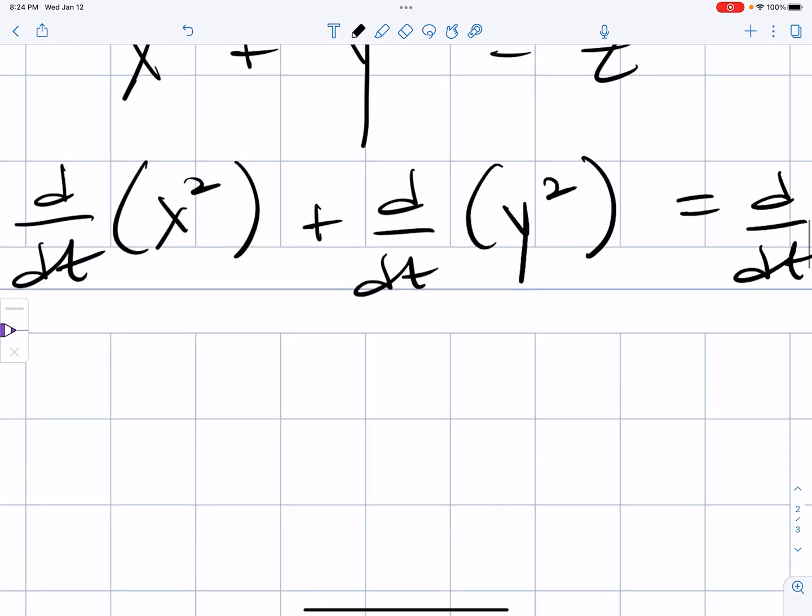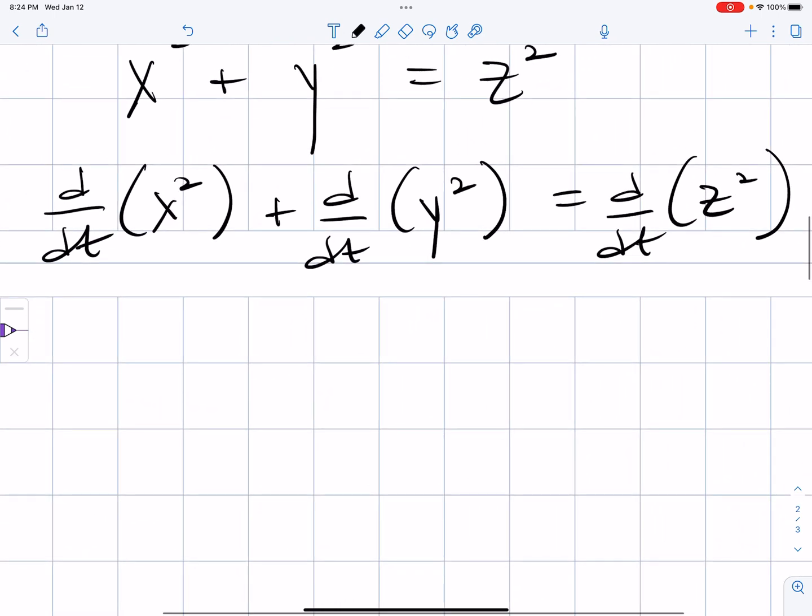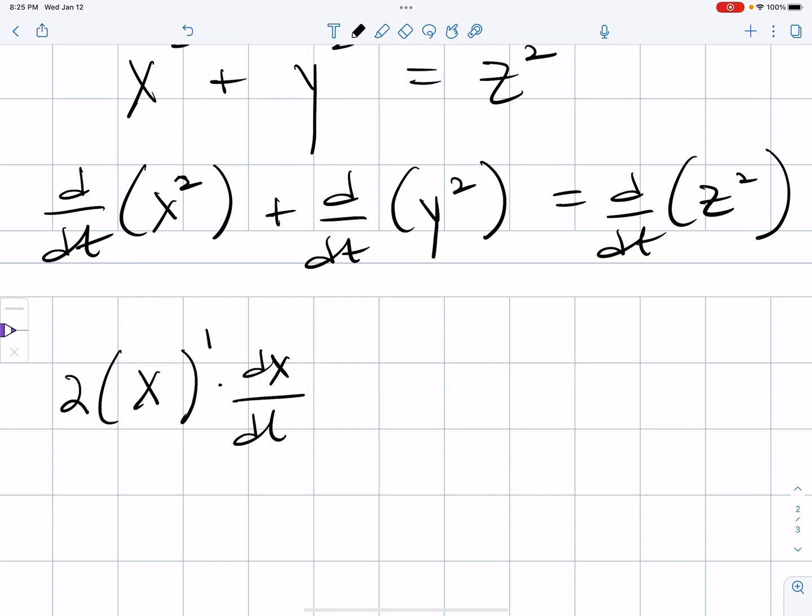For each term, we're thinking of the exponent of 2 as being the outside function, and then the x or the y or the z as being the inside. So when we differentiate x squared with respect to t, we bring the 2 down, subtract 1 from the exponent, leave the inside alone, and then times the derivative of x with respect to t.